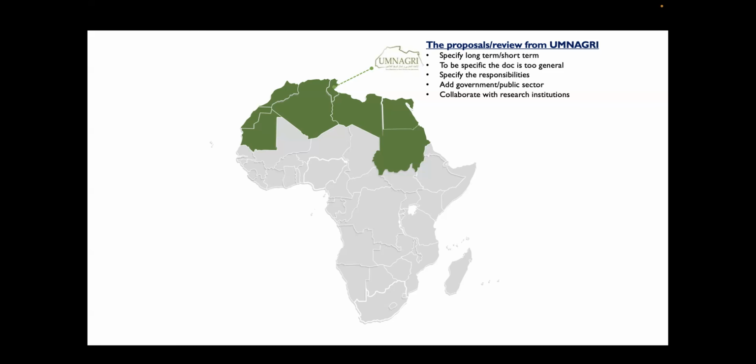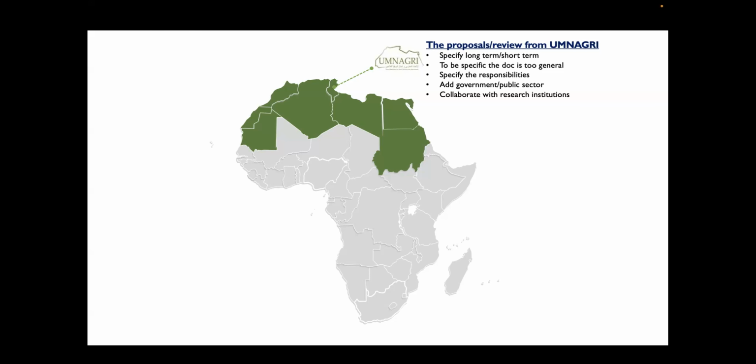And we should add government and public sector to the document in terms of responsibilities, where the government is going to intervene so that this action plan is going to be successful.